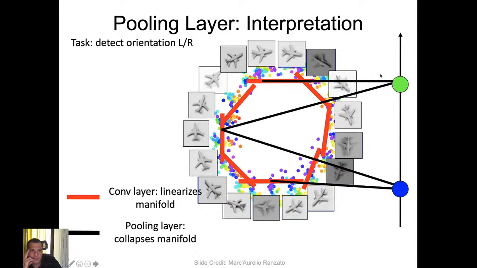So in this case you obtain a more general model that is robust to these kinds of variations.